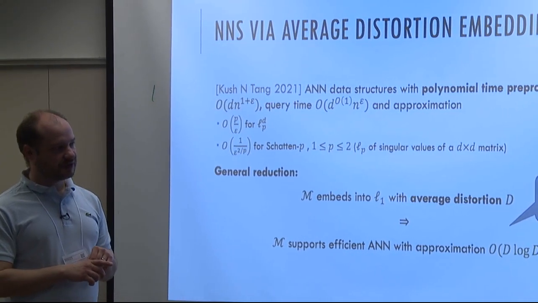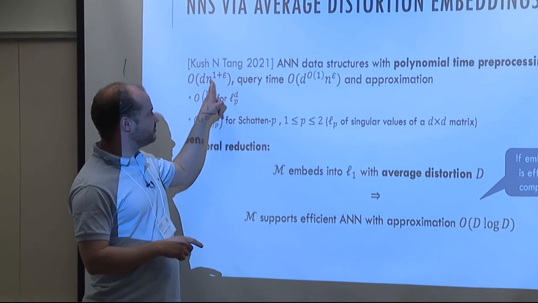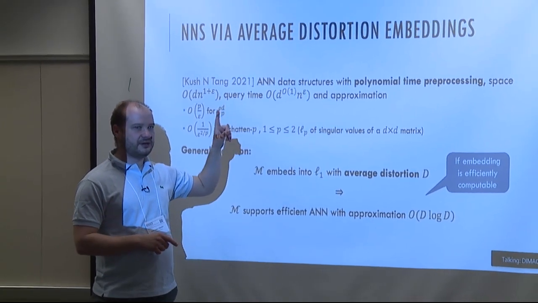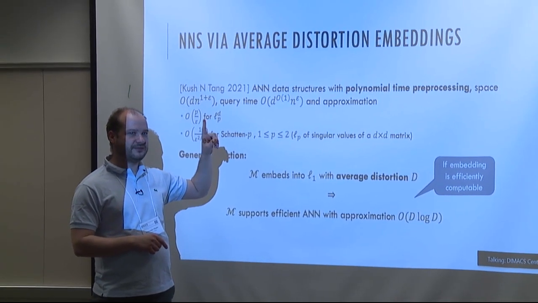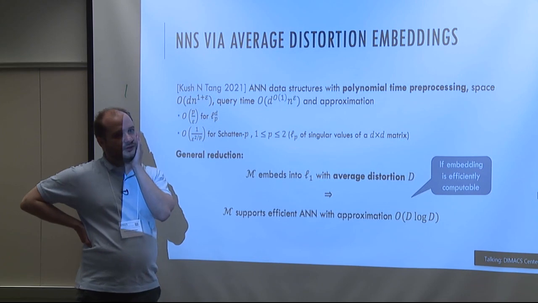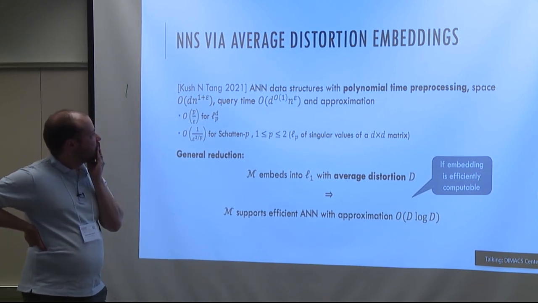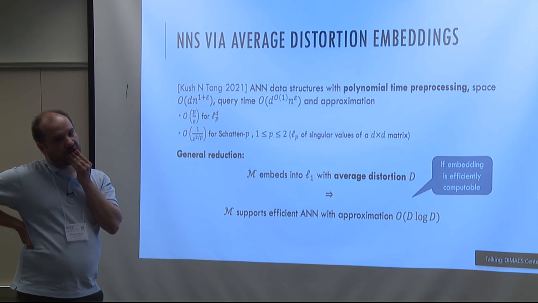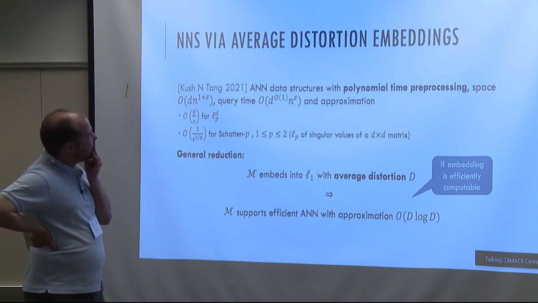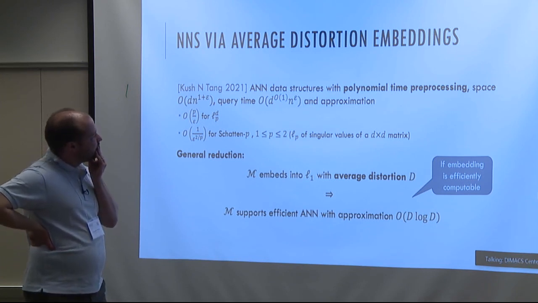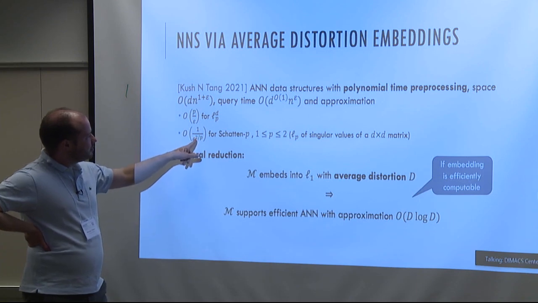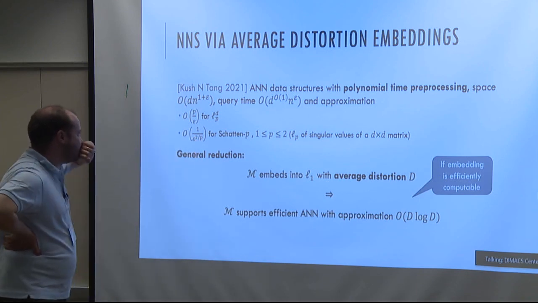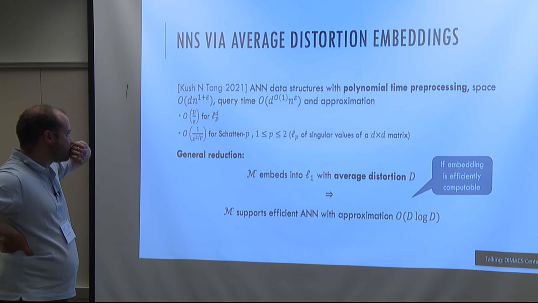Do you mean the epsilon that goes in query time and space, or is this a different epsilon? At least in the approximation, in the Schatten-p for p less than 2, you had p equals 1 over epsilon squared, not 1 over epsilon. What's the meaning of the square? Oh, here? Yes, p equals 1. Yeah, I see. How does this go into the general reduction?